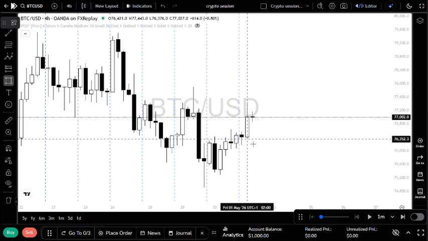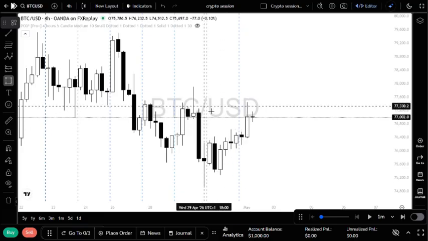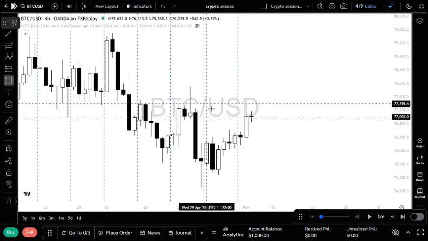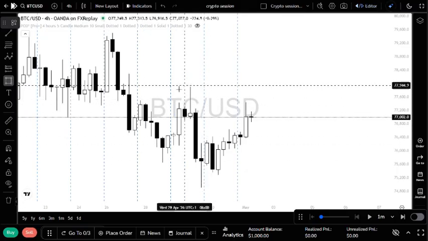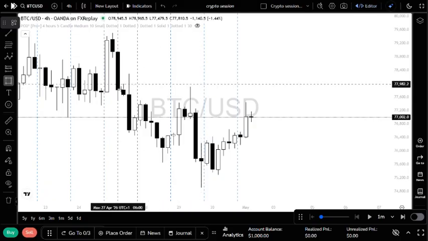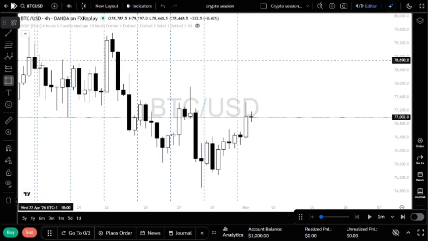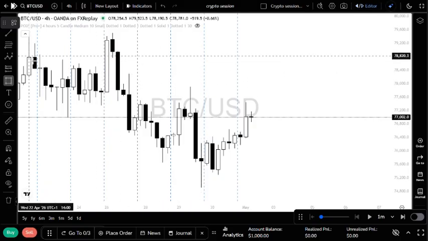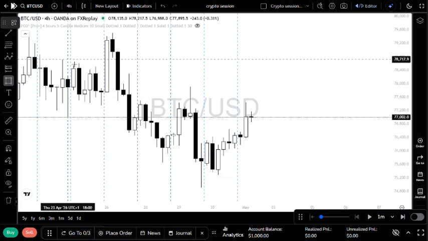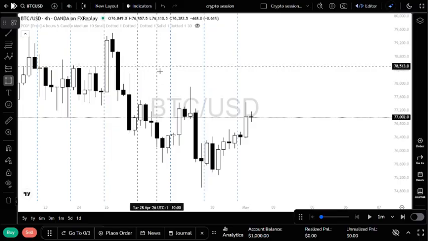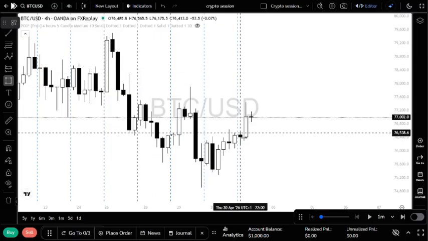Hope I'm not confusing you. These lines you can see are just intraday separators, like sessions. Yes, these are session lines, and it's an intraday. These lines you are seeing here are the session breakouts or session breaks.